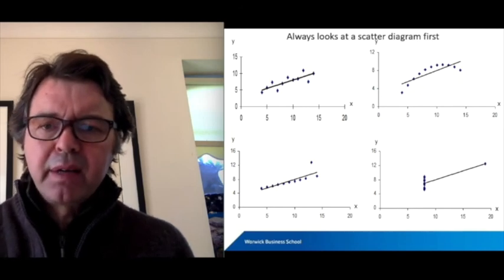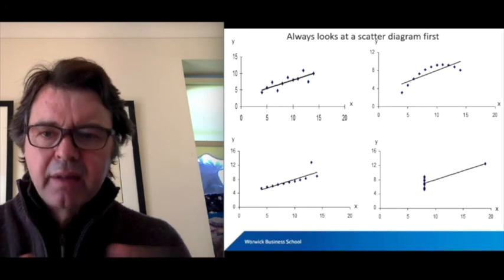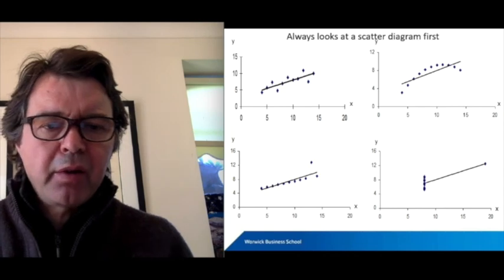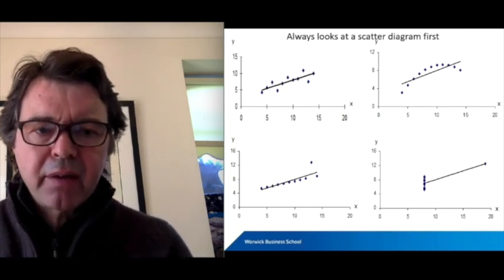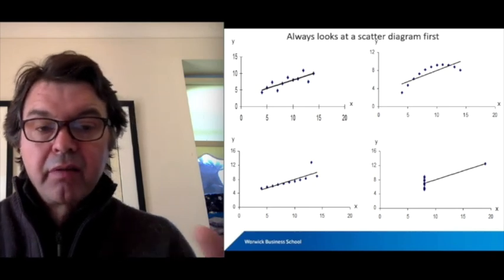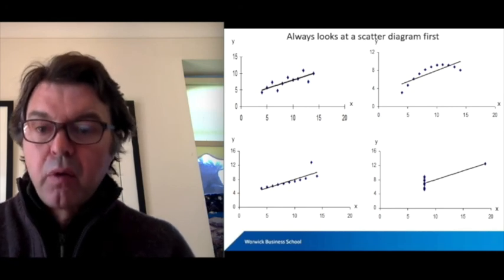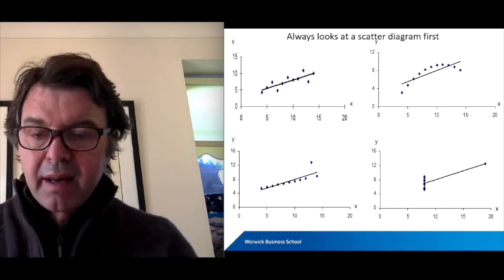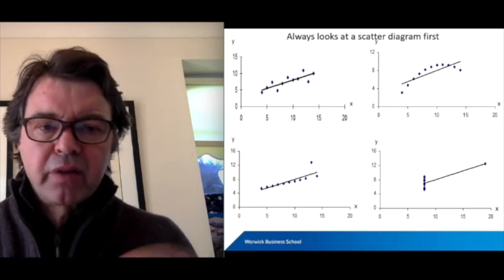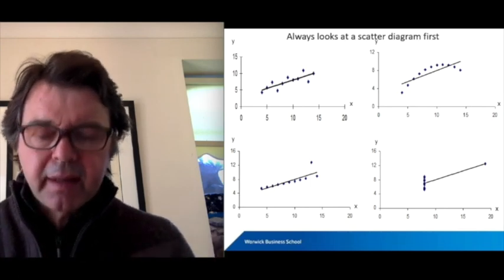We would need to go back and say, hang on a minute, we need a range of x values to see if there is a relationship between x and y. The only reason we've got a model is because, again, we have an outlier. Or maybe that high value of x is correct, but we just need to collect more other values of x to see if there is a consistent model there. But we can't use a model which has been built with that data set. We need more of a spread of data.